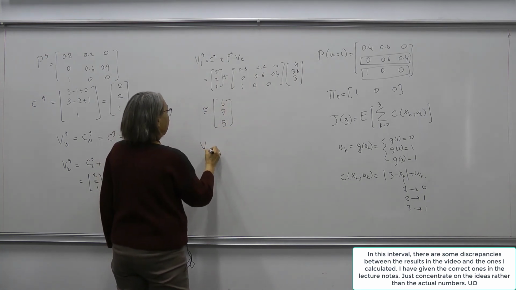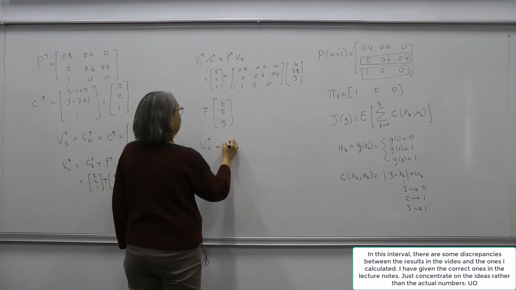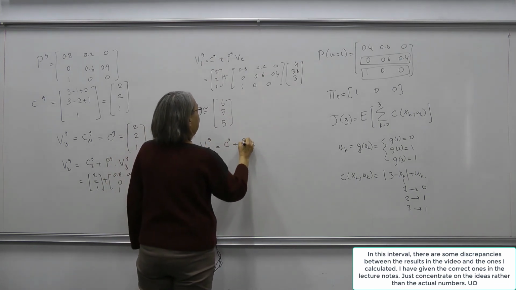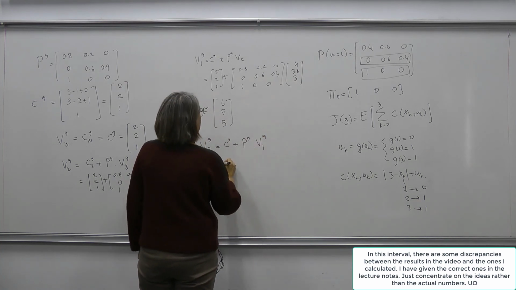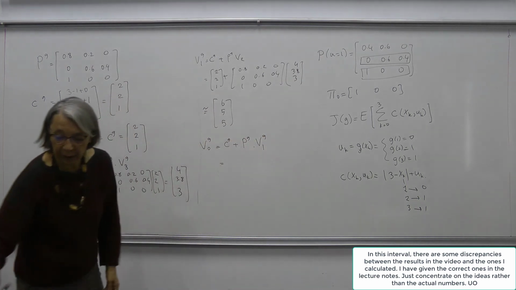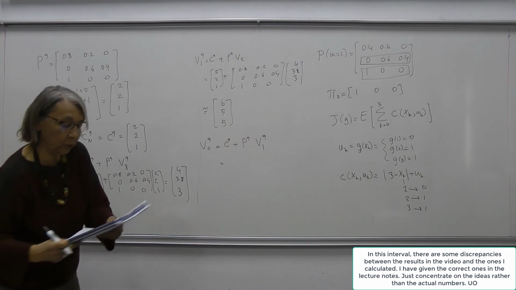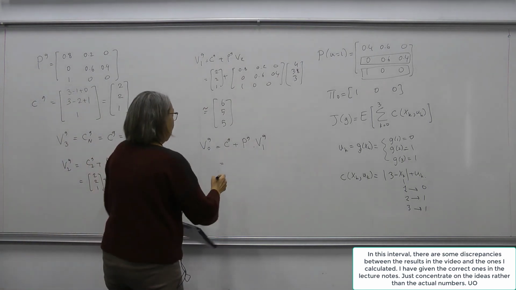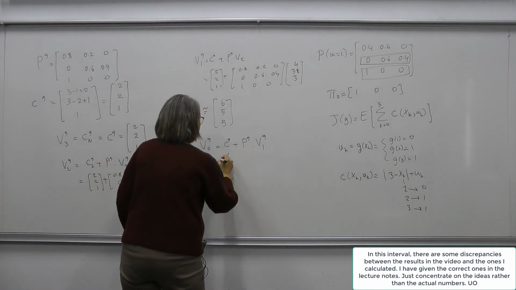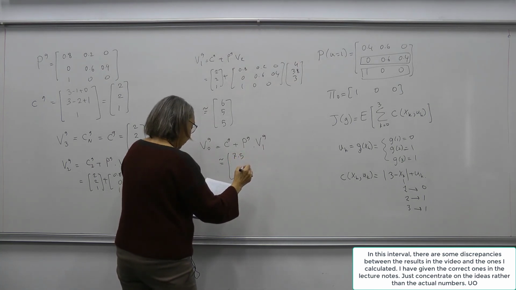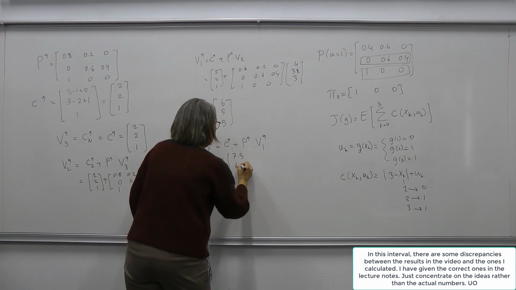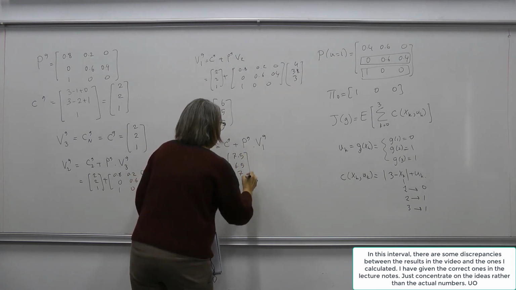Finally, we will obtain V0G as CG plus PG multiplied by V1G, and exactly the same thing, so that I will not write it again. I will just write the result, and this is approximately equal to 7.5 and 6.5 and 7.